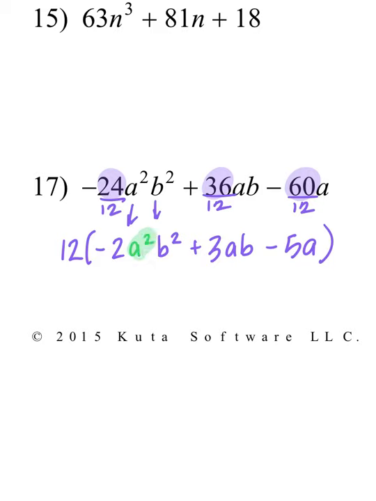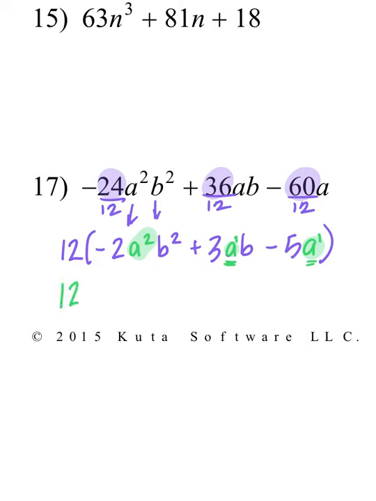I have an a squared, an a, and an a. So the most number of a's that I can take out is 1, because I can't take 2 a's out of that since there's only 1 there.